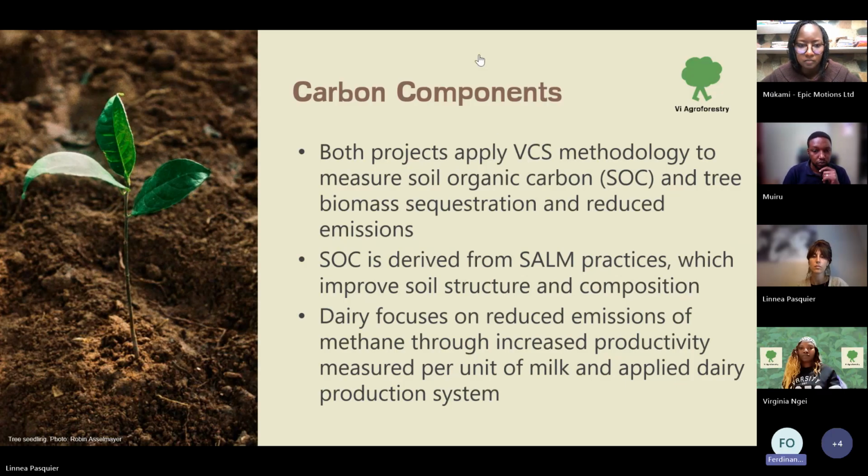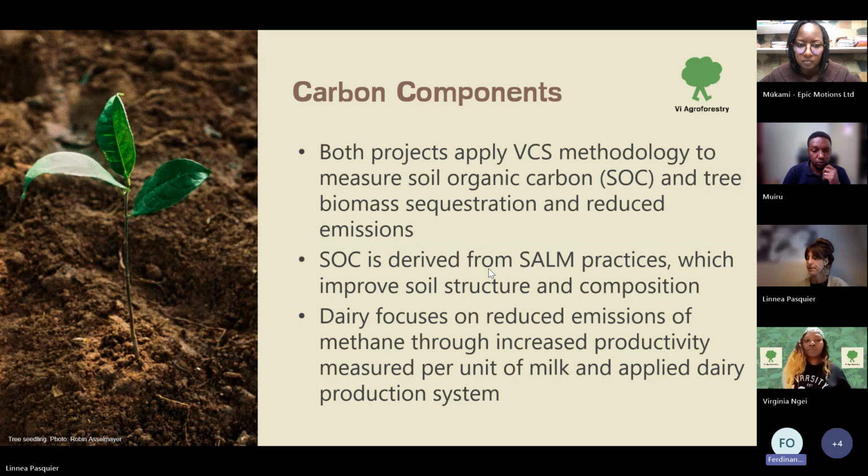Yes, so again, on this, I will also just take this. This is for information so that you understand that when it comes to monitoring, we are looking at certain specific components for carbon. In both projects, we have the VCS component, VCS being a standards body, now popularly known as Verra.